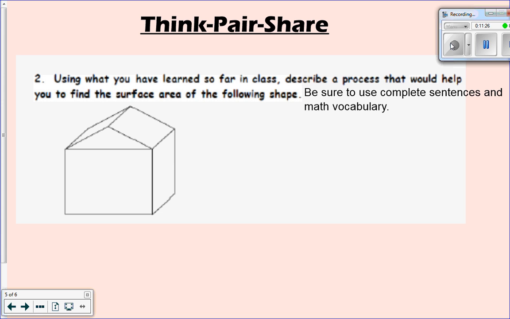A house. Okay, so would y'all keep both of the bases, the base from the triangular prism and the base from the cube or rectangular prism, on each other? No. So y'all removed one? Yes. I removed the bottom one from the triangle and the top one from the square.